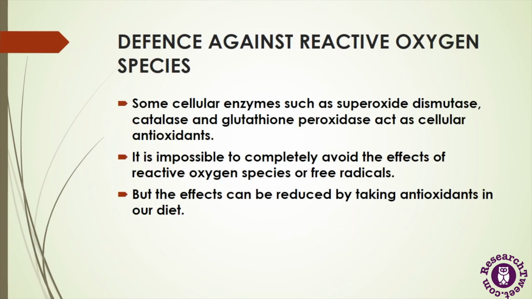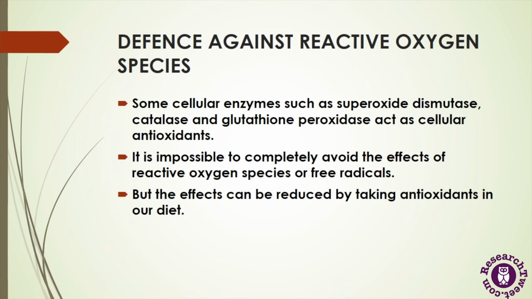So let's understand the defense against reactive oxygen species. There are several cellular enzymes like superoxide dismutase, catalase and glutathione peroxidase. These enzymes act as cellular antioxidants, and they make the free radicals less reactive or stable so that they can't affect all the biomolecules of our body.